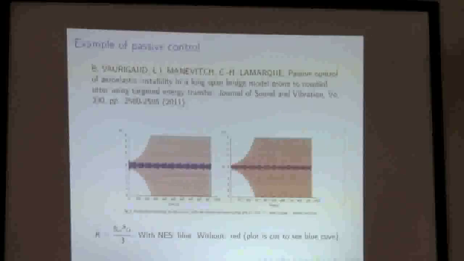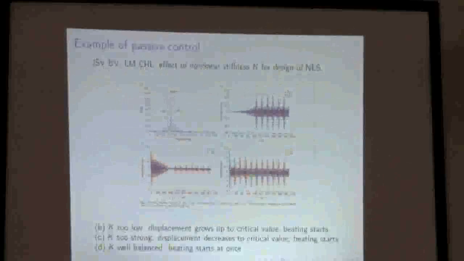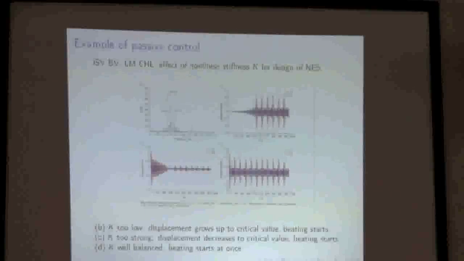So by this study of the reduced Hamiltonian dynamics we can make a design. It is qualitative, perhaps not optimal, but you see that it works. It could be used to make the design of an efficient passive control.